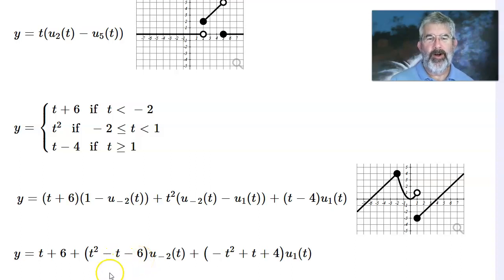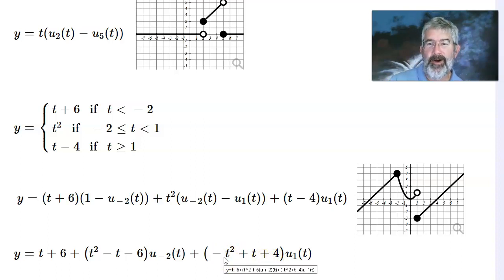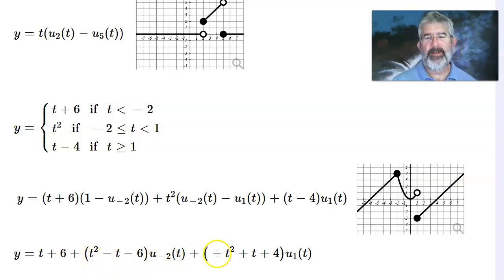So turning on t squared minus t plus 6 essentially shuts off the t plus 6 and turns on the t squared. Right? Then when you get to 1, you're going to turn on -t squared plus t plus 4, so the t squared gets turned off again. It was here, and then now I'm subtracting it, so it's gone, and I'm just left with a t plus 4.